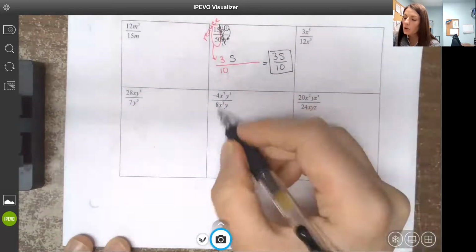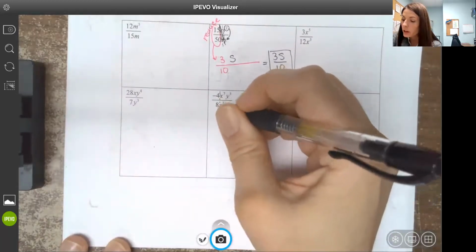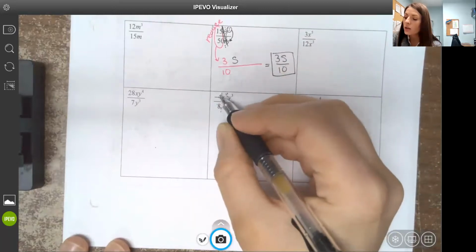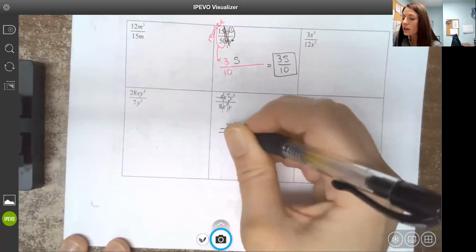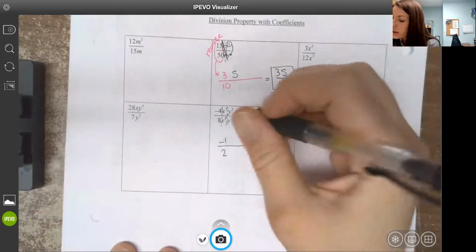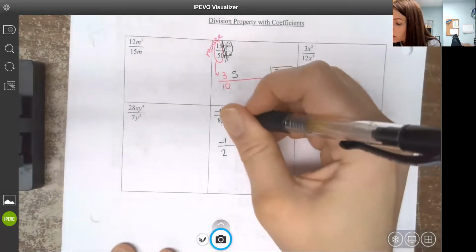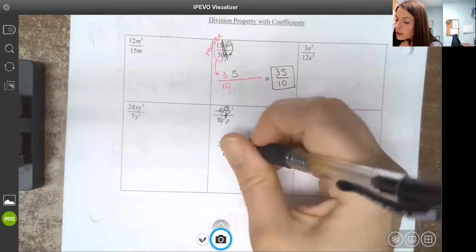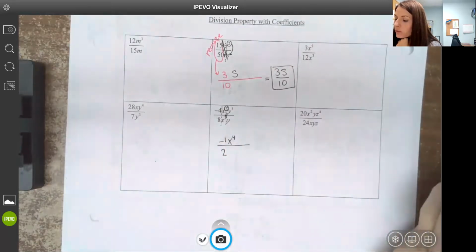Let's look at the one below that. Looking at just the integers first, and again, reducing that. -4/8 reduces to -1/2. Okay, I'm not using properties of exponents there. For my x's, I have more x's in the numerator than in the denominator. And 7 subtract 3 brings me to 4.